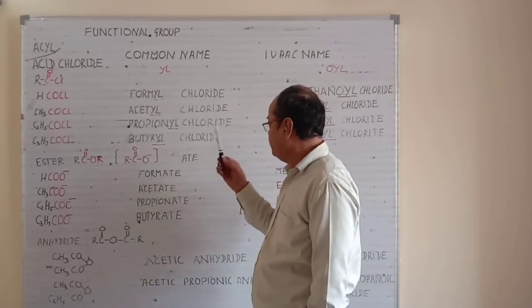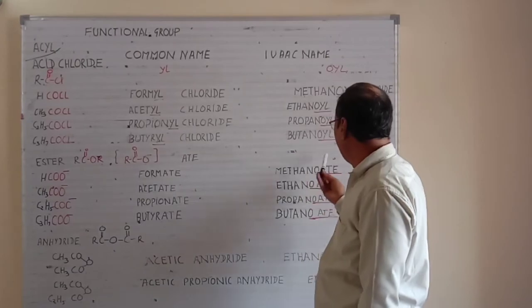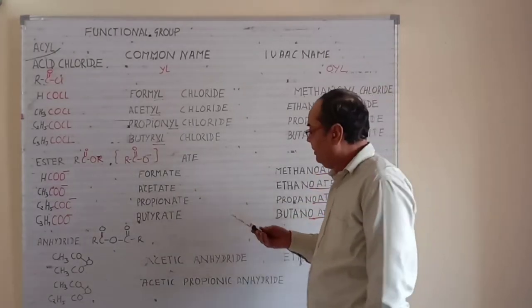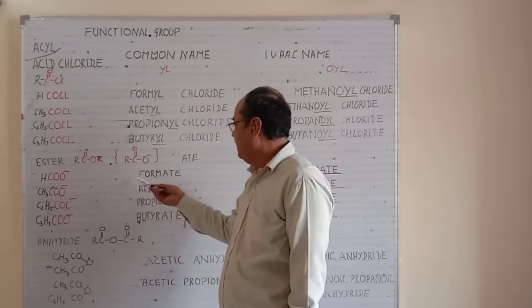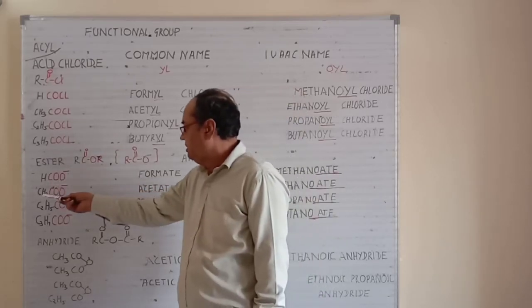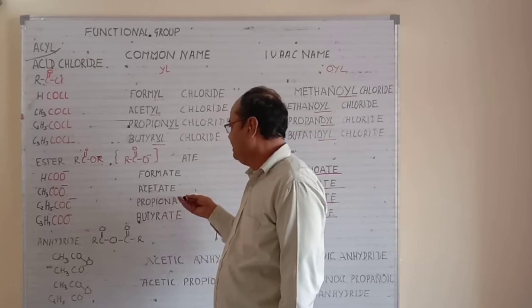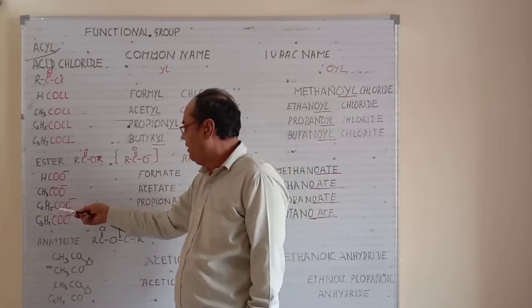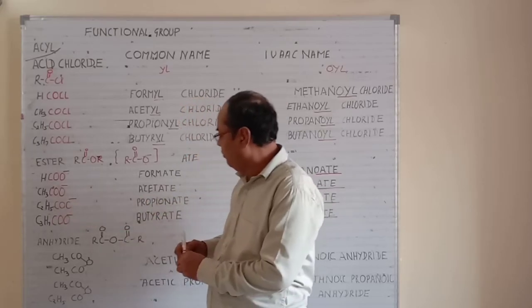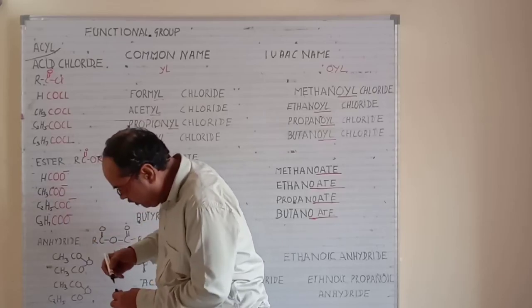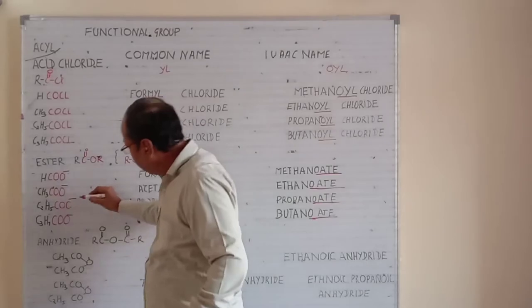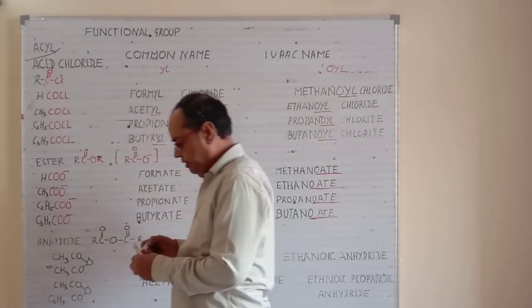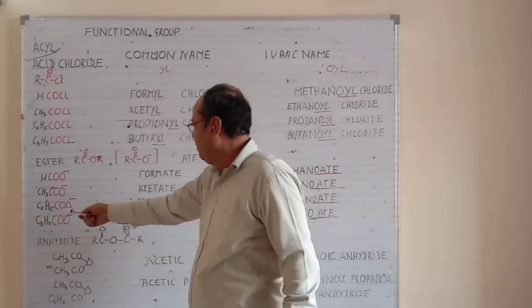a suffix ate, and here in IUPAC we have to use oate. So we have HCOO, that is called formate, CH3COO acetate, C2H5COO, which is propionate.